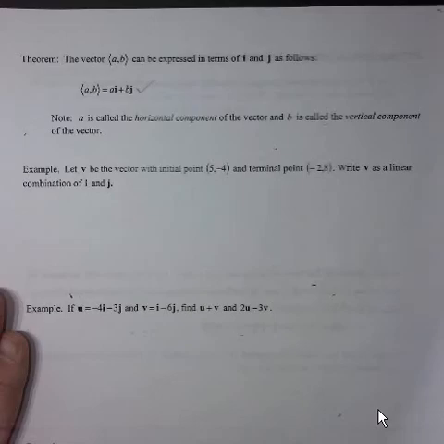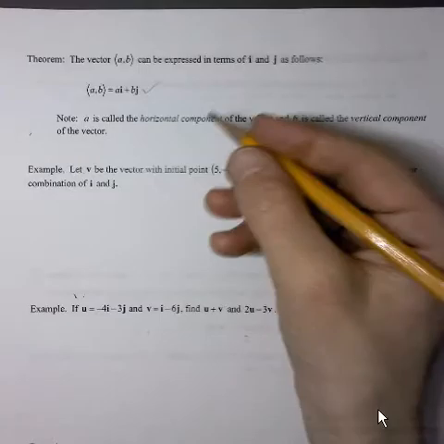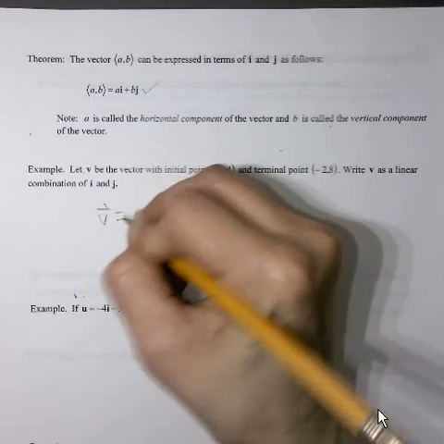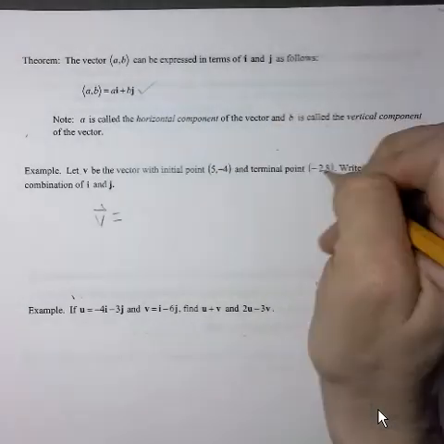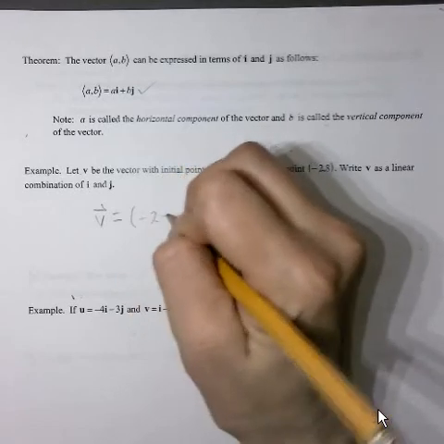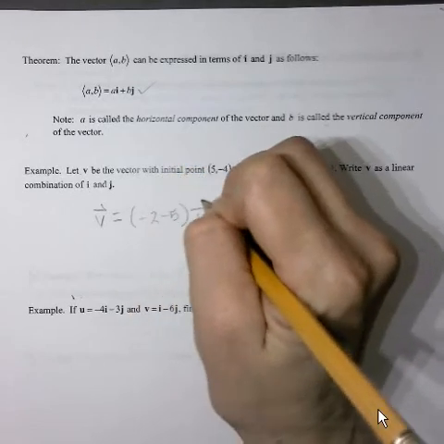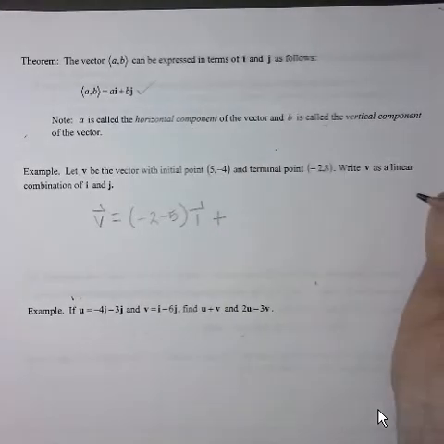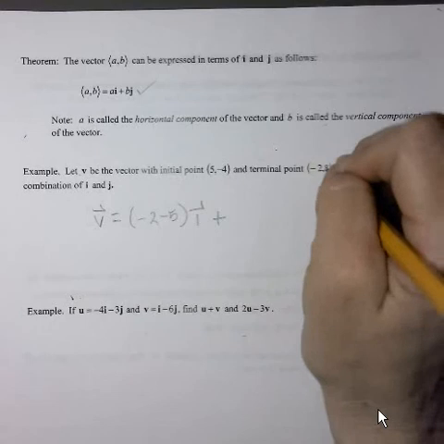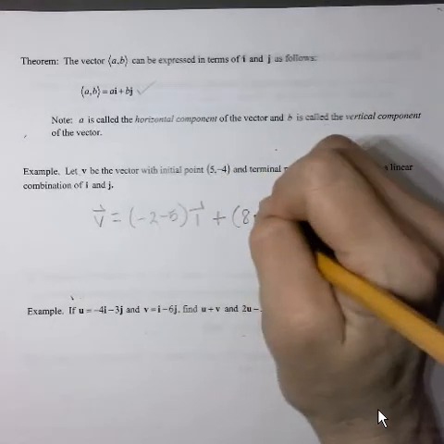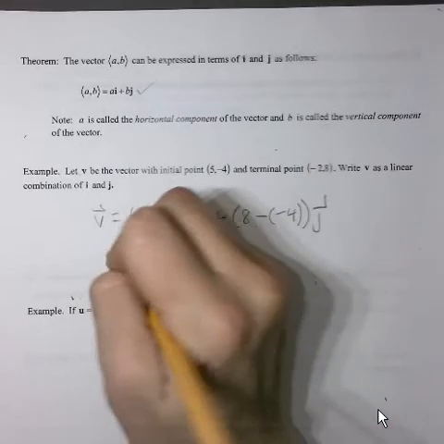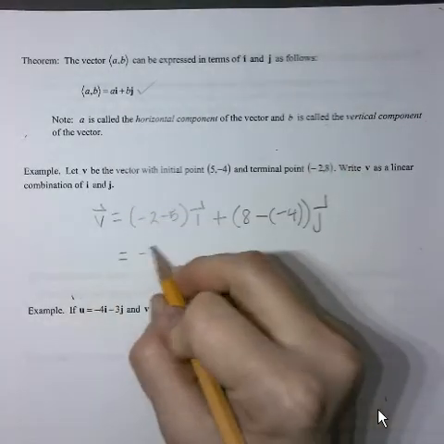So then in this case, vector v will equal, you take terminal minus initial, and then take that times vector i, plus, and then 8 minus negative 4, difference of the second components, times vector j. And so this is -7i + 12j.